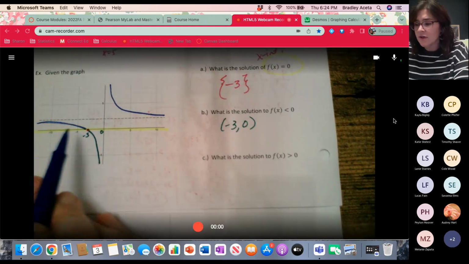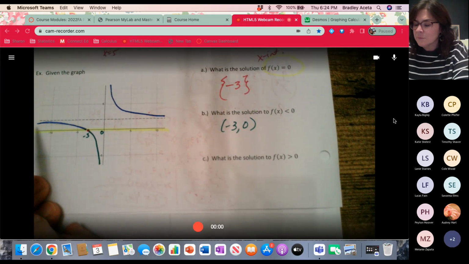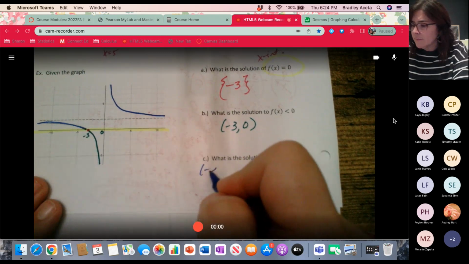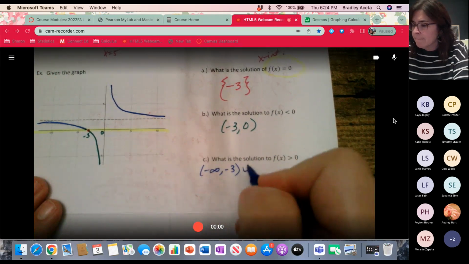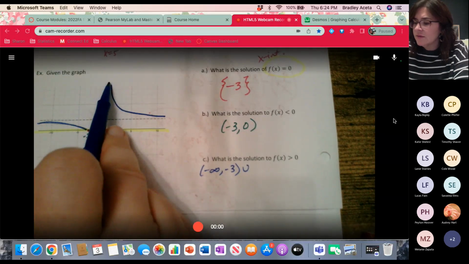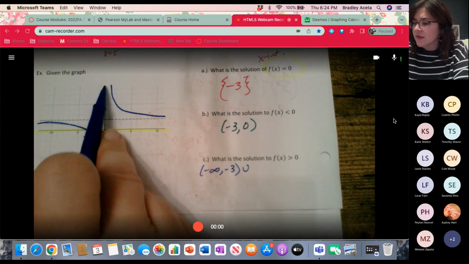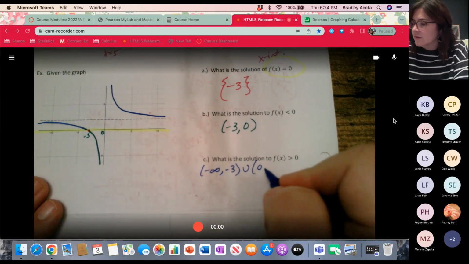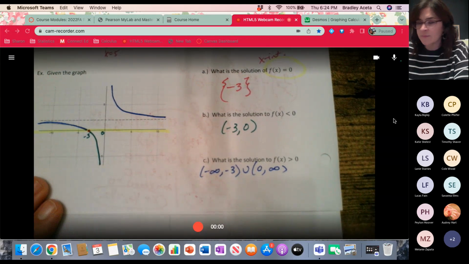And again, we're talking about x values. So the x values would be from -infinity up to -3. And then the next portion above the yellow line would be, again, where on the x? Where on the x is this? So from 0 to infinity.